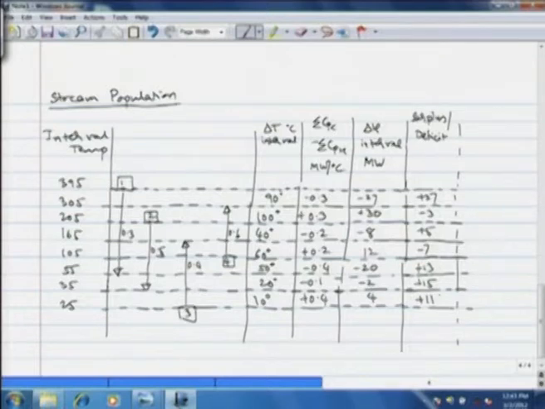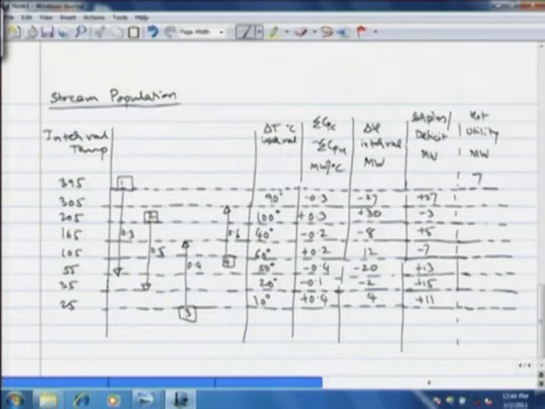Now here we can see that the maximum deficit that we have is in the fourth interval, the interval between 165 and 105, and that is minus 7. So now if we add a hot utility worth that much heat in the first interval, then the net deficit or surplus becomes 0, and that balances the whole streams, the heat balance in the streams, enthalpy balance.